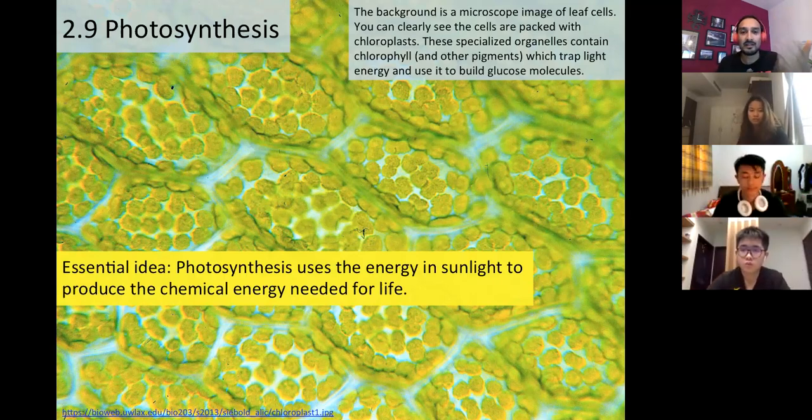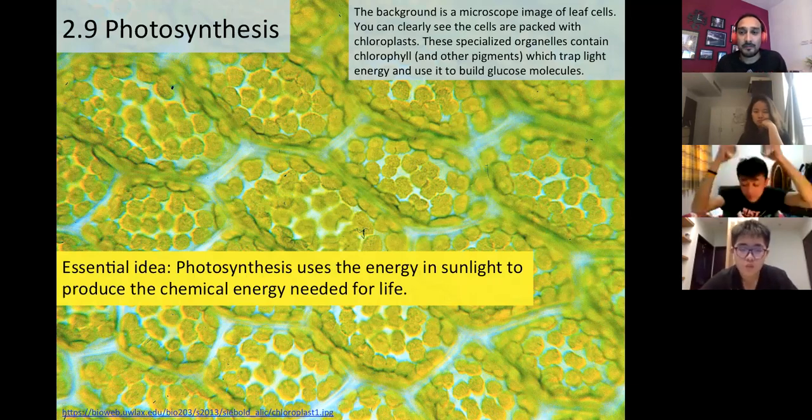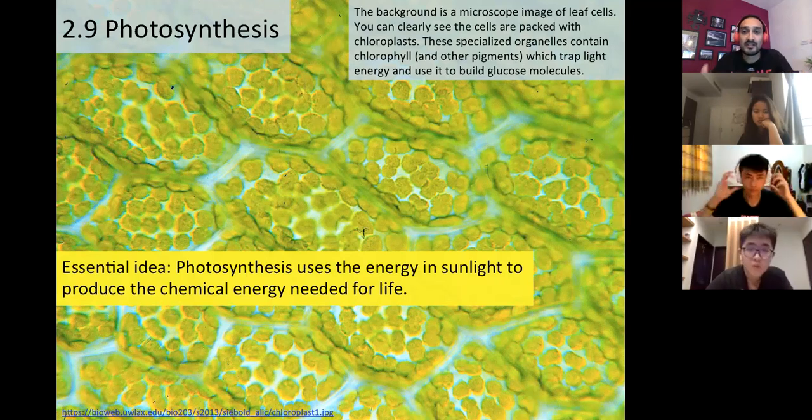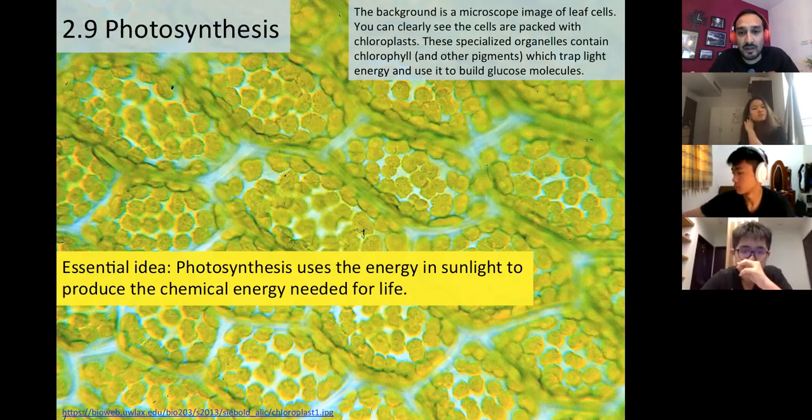All of that is possible because photosynthesis exists. If there was no photosynthesis, the energy from the sun, just coming in the form of light, would stay as light and never become chemical energy. So if this process that we're about to describe didn't exist, there would be no life really as we know it on Earth.